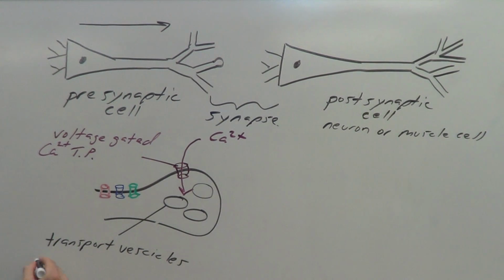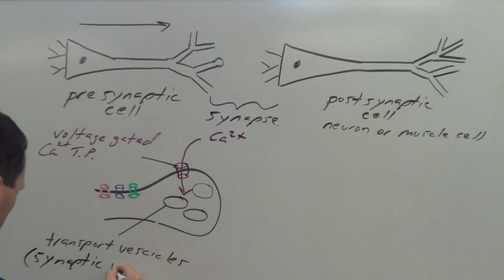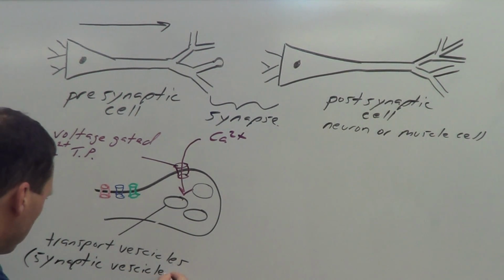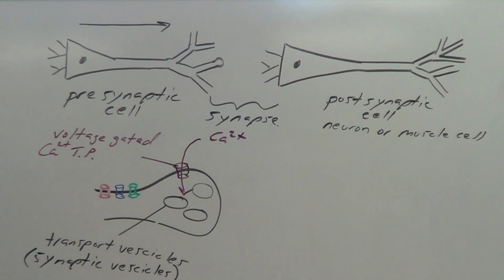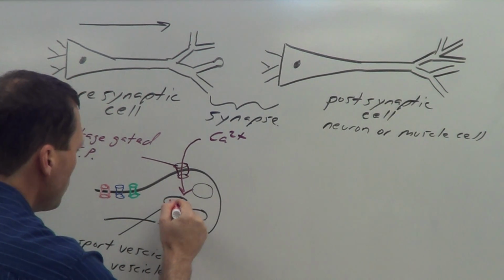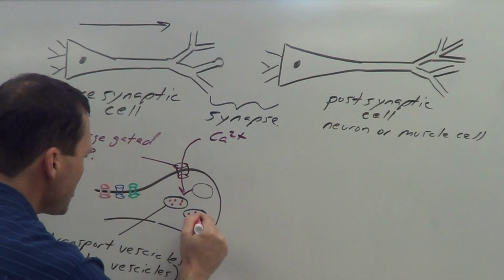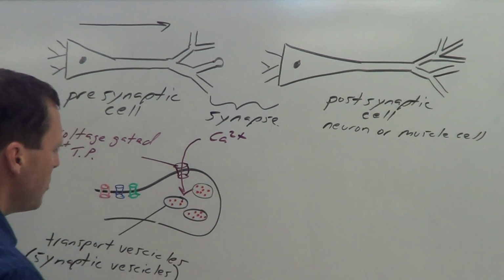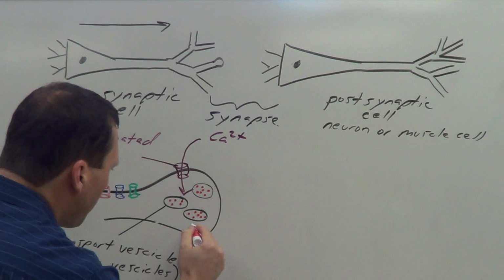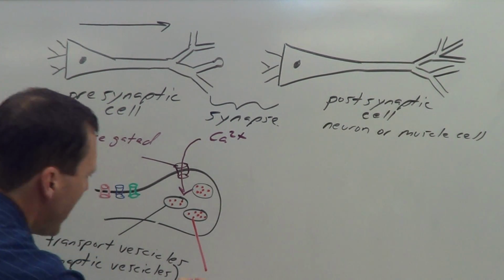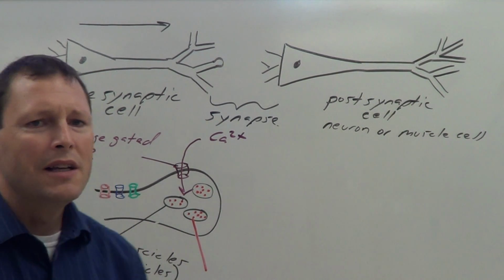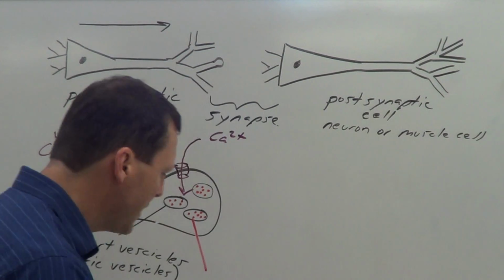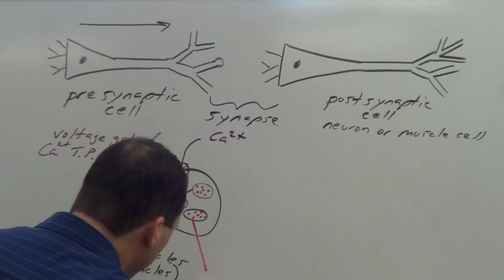We're going to call them synaptic vesicles. Now inside the synaptic vesicles are going to be lots and lots of molecules. And that's what these red dots represent. And those molecules are going to be acetylcholine.